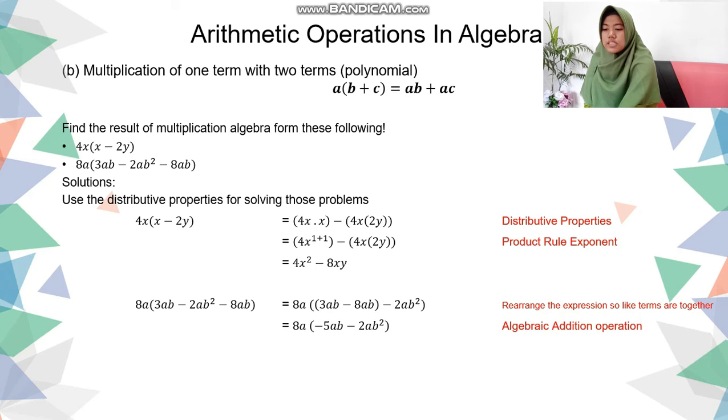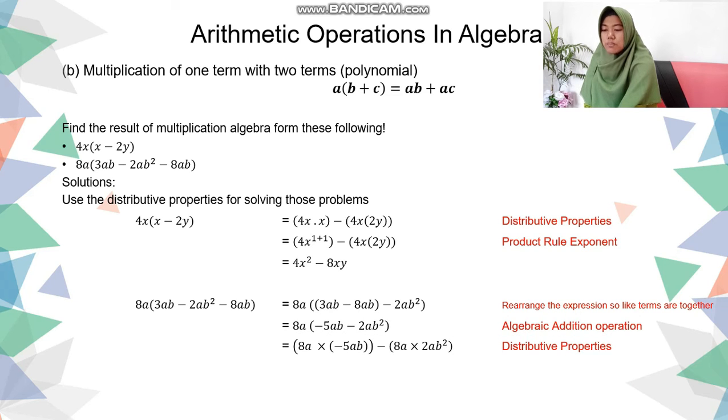Then this is an algebraic addition operation, equals 8a (minus 5ab minus 2ab squared).